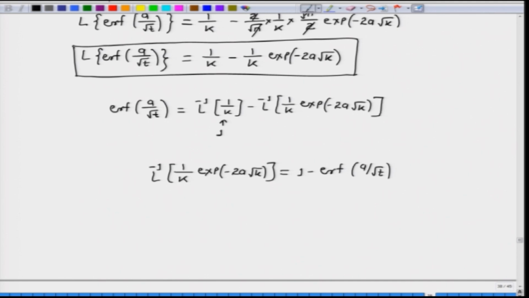So, this is an important result here. 1 minus error function is also referred to as error function c or complementary error function. So, the right hand side can also be written as error function c of a by root t. So, this is one important formula that we have obtained.